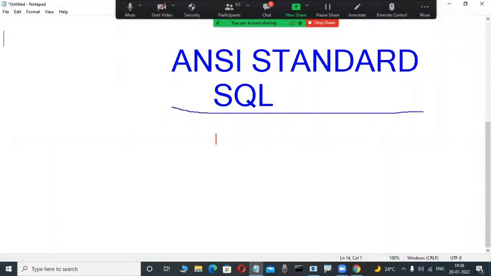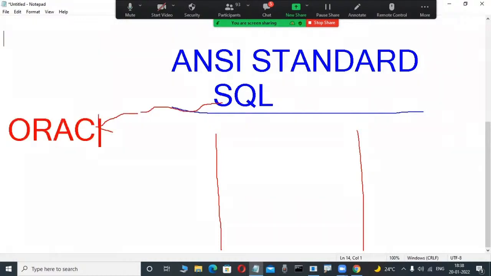I agree, but unfortunately, from this ANSI standard SQL, Oracle Corporation created their own SQL that is called Oracle SQL. That is important, and many people don't know it.